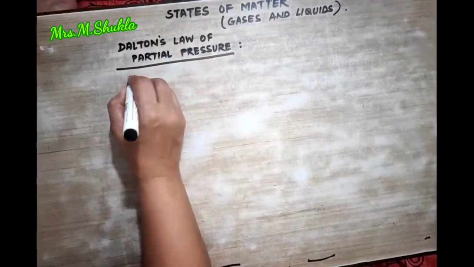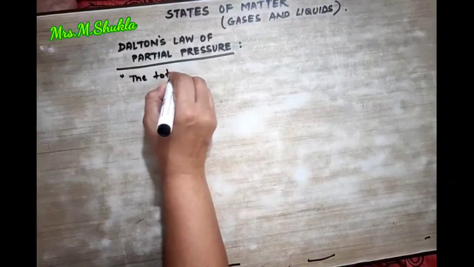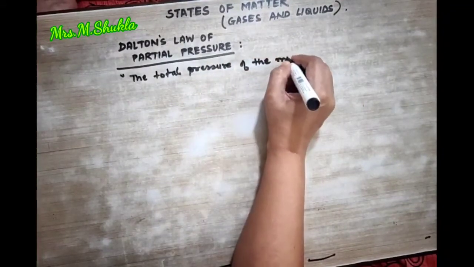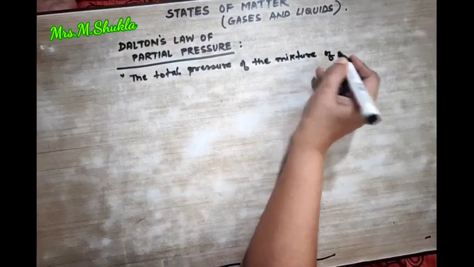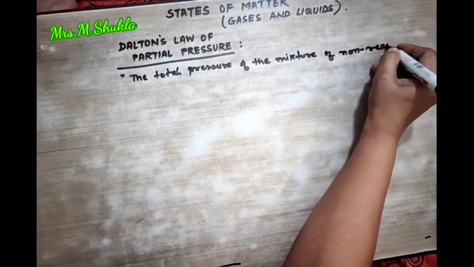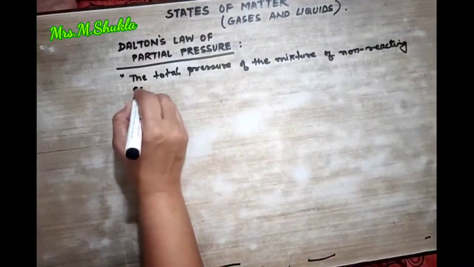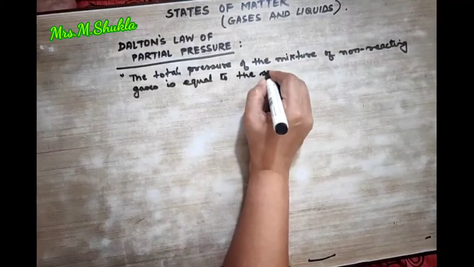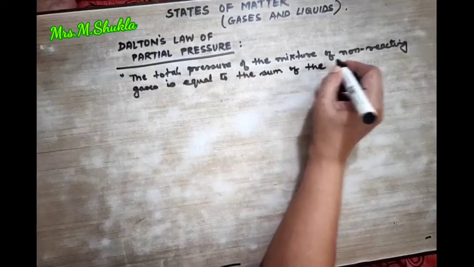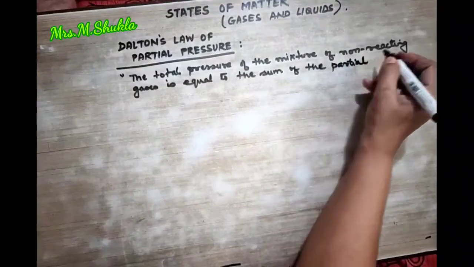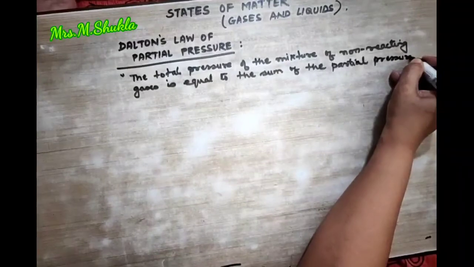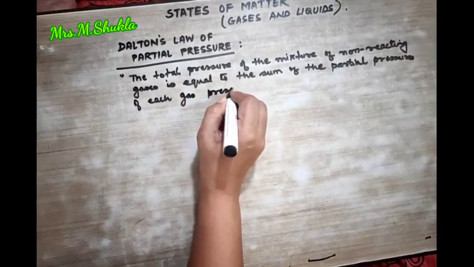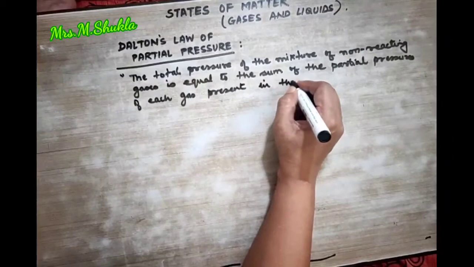This law states that the total pressure of the mixture of non-reacting gases is equal to the sum of the partial pressures of each gas present in the mixture.